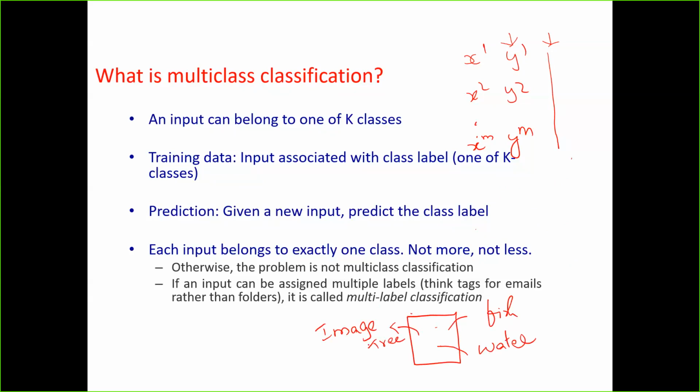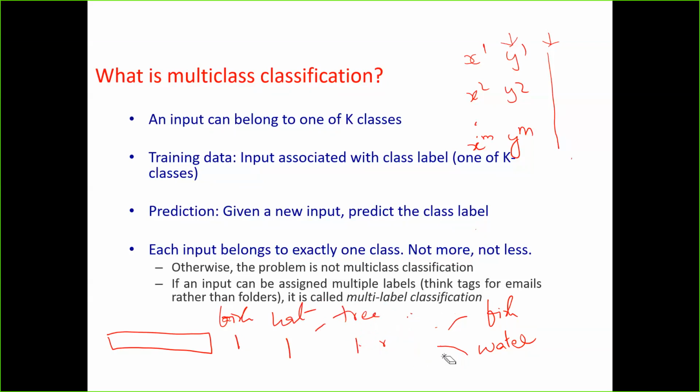When you are representing the image, there is a feature vector to represent the characteristics of the image, and the different labels. Label 1, let's say fish. Present or not? Yes, it is present. Label 2, water. Present or not? Yes, it is present. Label 3, tree. Present or not? Yes, it is present. There is another label, let's say book. Present or not? It's not present. So multiple targets are there.